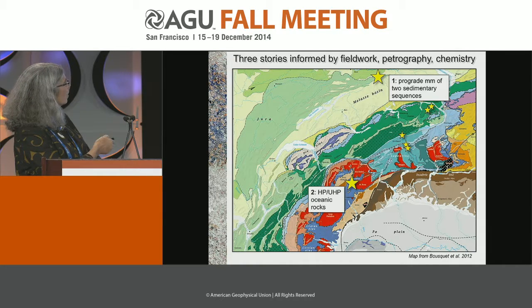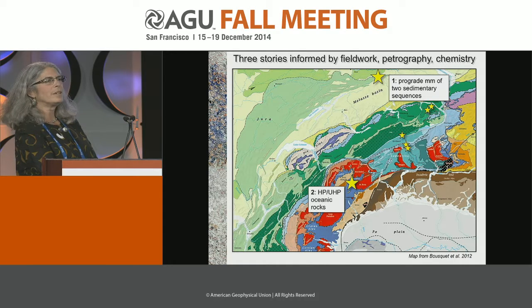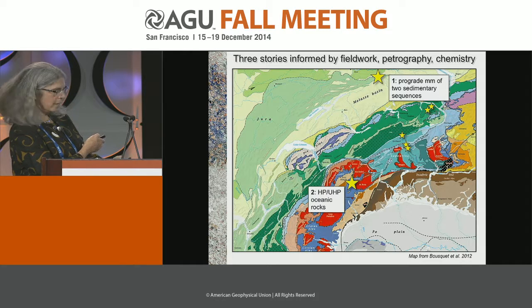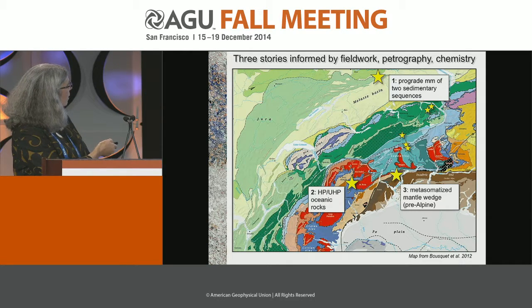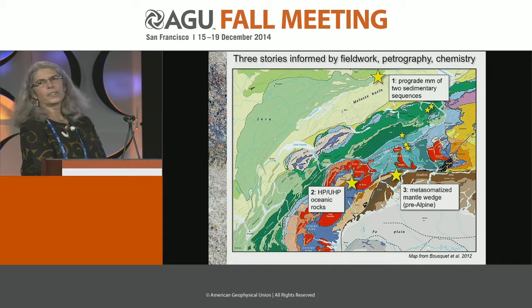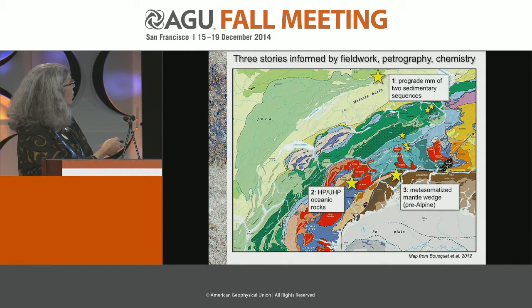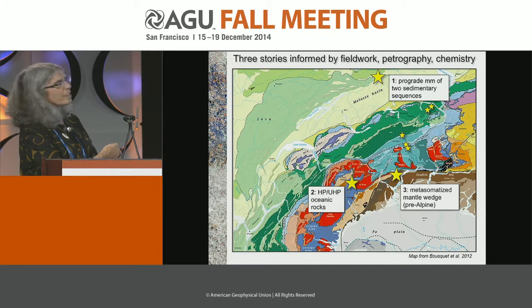So in this case, we're really going to be looking at some of the fluid rock interactions that happened while the rocks were in the subduction system. And then lastly, I'm going to talk about an example from here in the Ivrea zone, where we're going to look at some mantle wedge rocks that are exposed at the Earth's surface and look at how fluids interacted with those mantle peridotites.